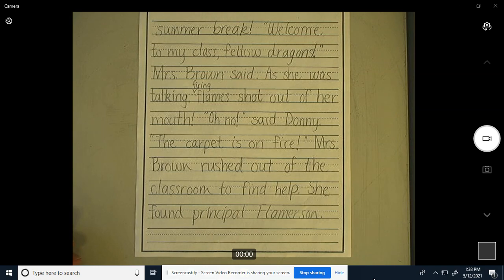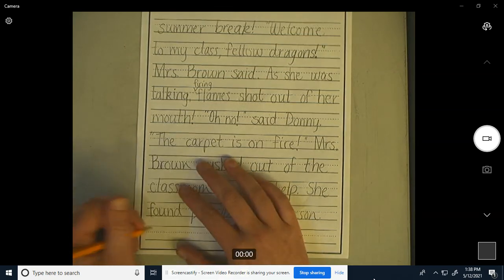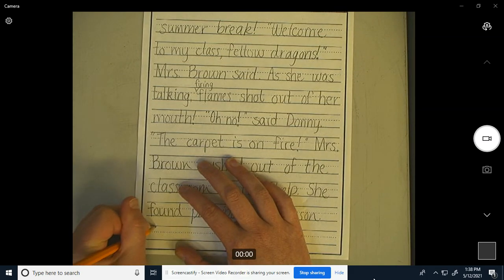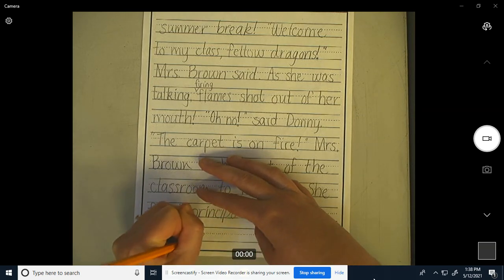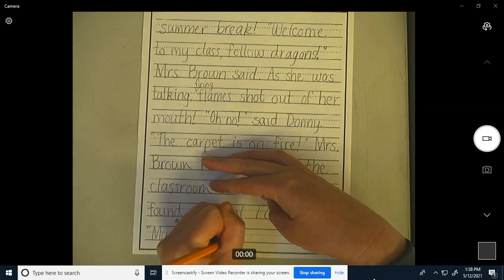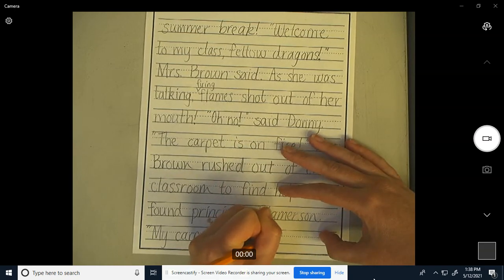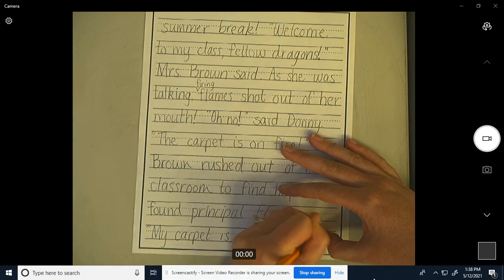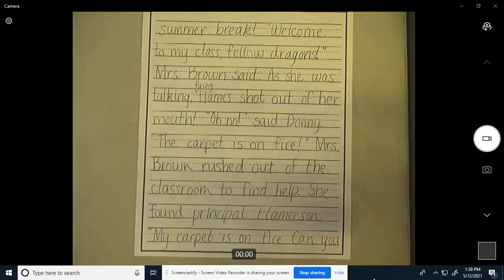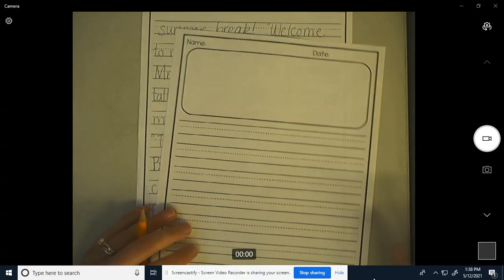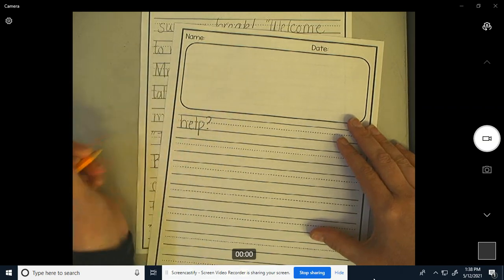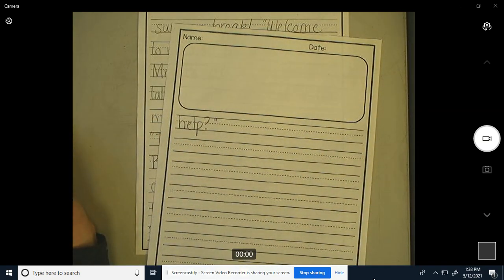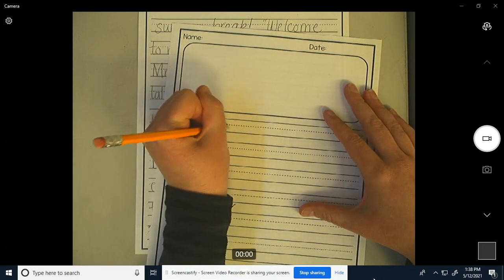All right. So she found Principal Flamerson, and she's going to say, "My carpet is on fire. Can you help?" So we're going to put quotes around it because she's talking. "My carpet is on fire. Can you help?" said Mrs. Brown.